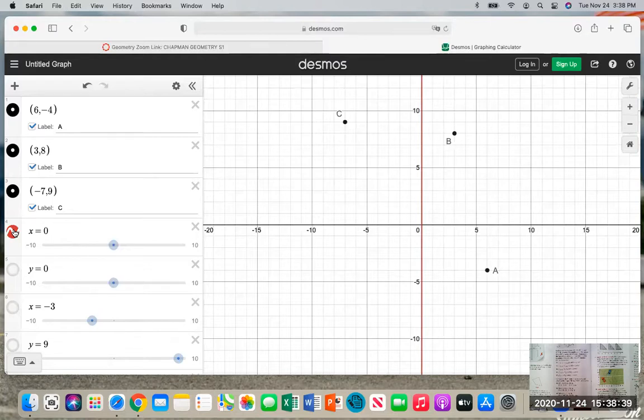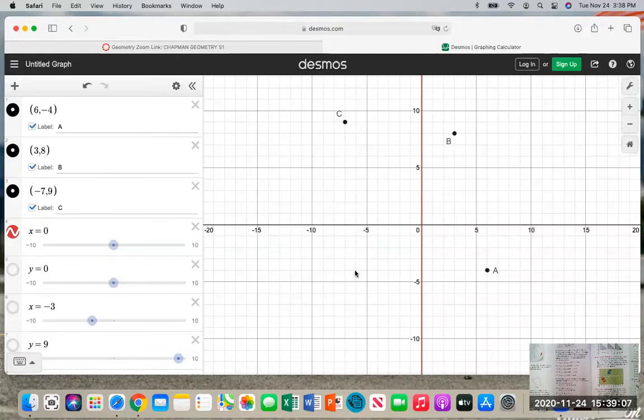And then we're going to translate each of those points 0 units to the right and 2 units down. So let's start with A. Reflect across the y-axis. A is going to go 1, 2, 3, 4, 5, 6 units to the line of reflection, so it's got to be 6 units on the other side. 1, 2, 3, 4, 5, 6.